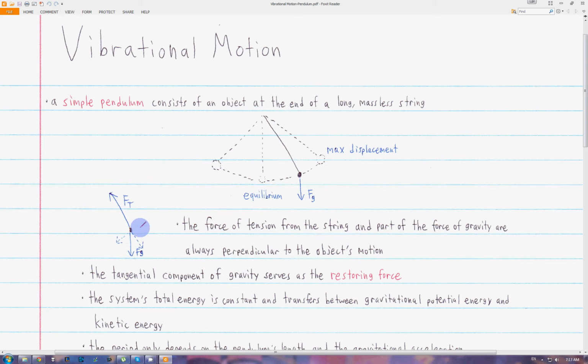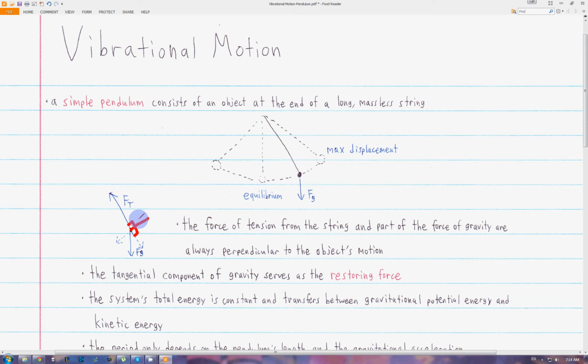So part of the gravity force and the tension force are always perpendicular to the path of the string. So these forces, since they're perpendicular to the object's displacement, do not do any work on the object. Instead, they provide the centripetal force to keep this object moving in sort of a circle.